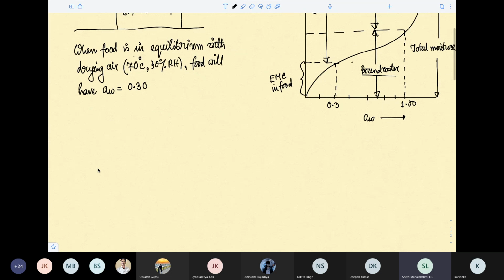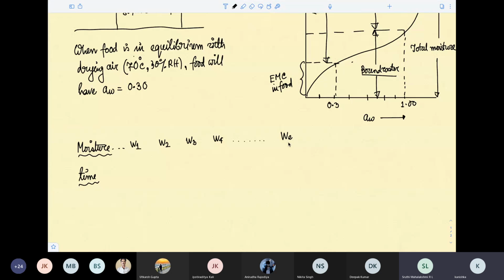So let's say moisture and time. Initially we know the moisture content at 0 time. Let's say here is W1, W2, W3, and W4, and W E.